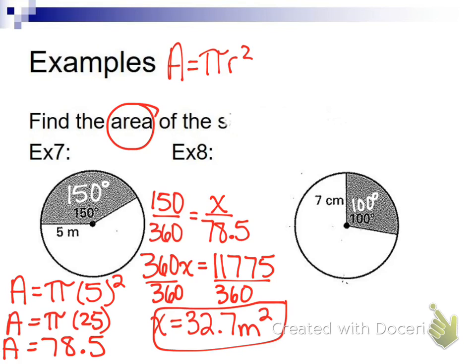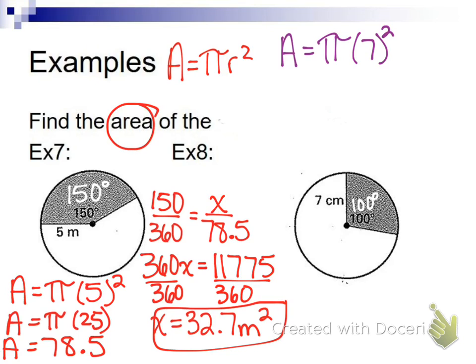Okay, on this last one, I'm going to take some of the directions away so I've got some space to work above it. What's my first step on these? Find the area of the whole circle. So on this second one, A equals pi times what squared? 7 squared.